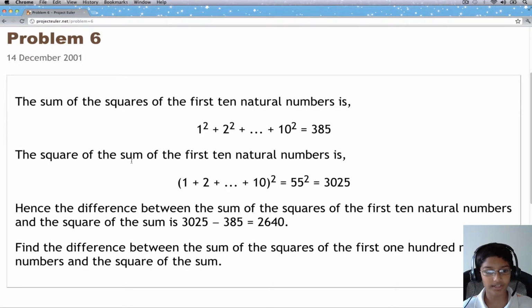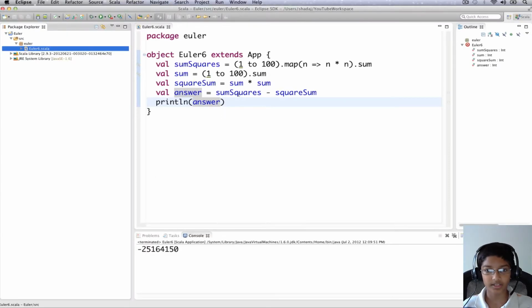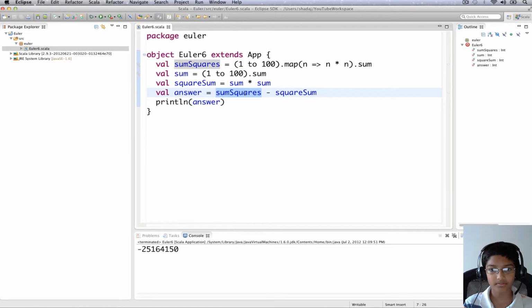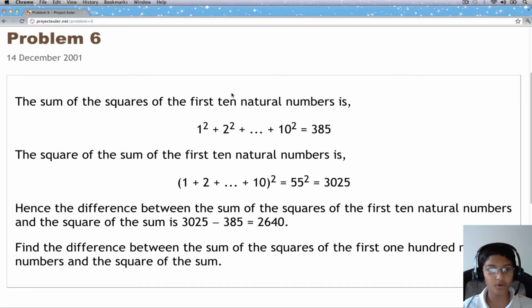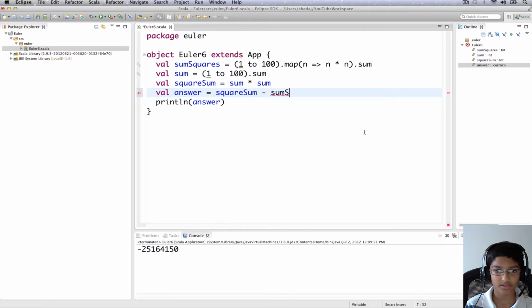So basically what we need to do is swap. Instead of sum of squares minus square of sum, we do square of sum minus sum of squares. Another way to do this would be to use the absolute value, but we know that in this case the sum of squares is always going to be less than the square of the sum, so you can just do square of the sum minus sum of the squares.